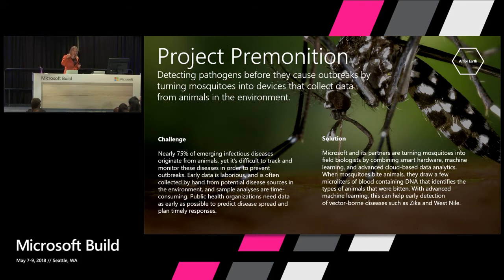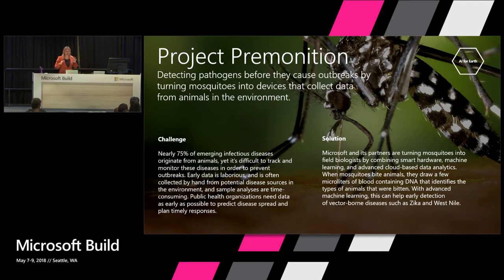So they're collecting all of this data about people as they fly around. And so if we capture those mosquitoes, we can actually take the blood that they've drawn and, using our genomics pipeline, actually reverse engineer it to tell exactly what animal it came from and what diseases that animal is carrying. So that's the work behind Project Premonition.